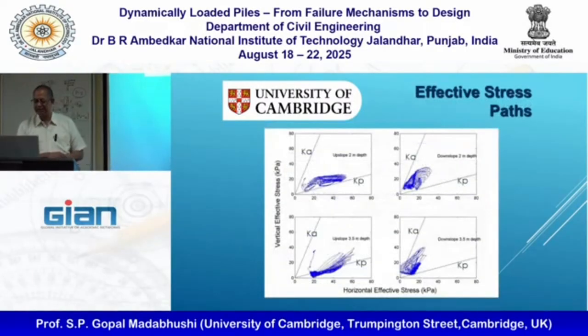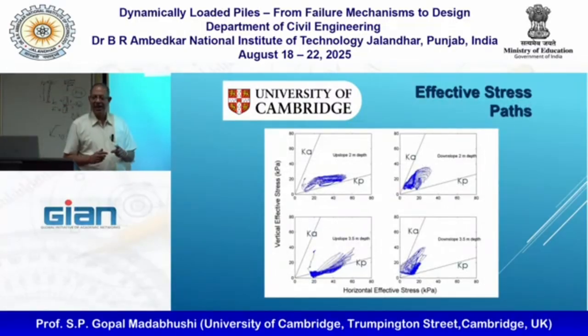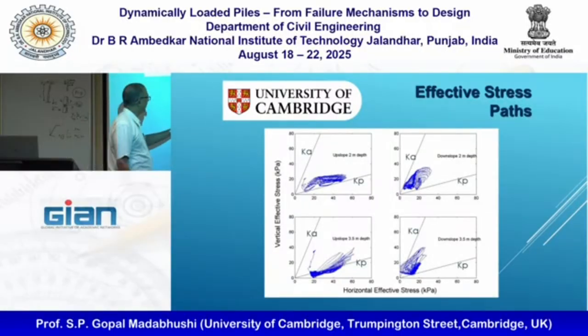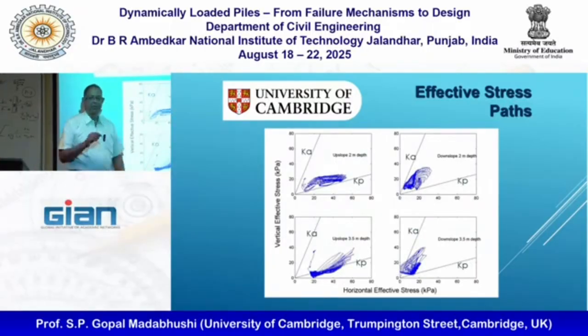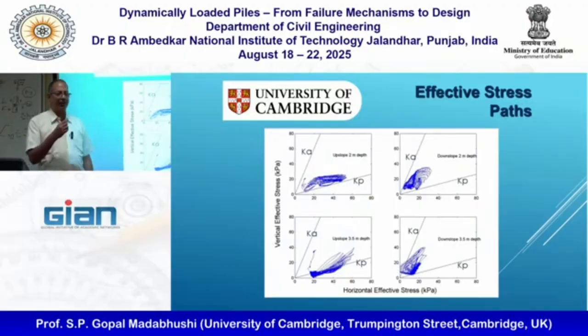And this is where we feel proud of ourselves. Now we have the vertical stress, the overburden stress and the horizontal stress. We can plot the stress paths, right? Because we know the pore water pressure, you can plot the active earth pressure line and passive earth pressure line and see where my stress path is falling, upslope and downslope.